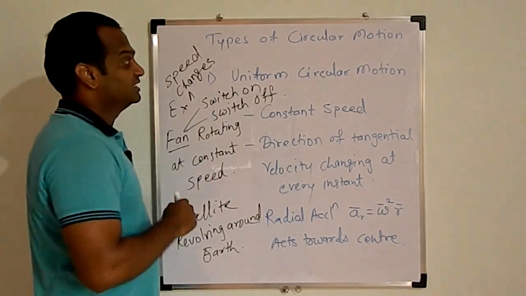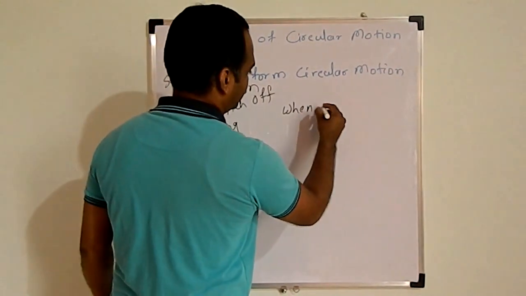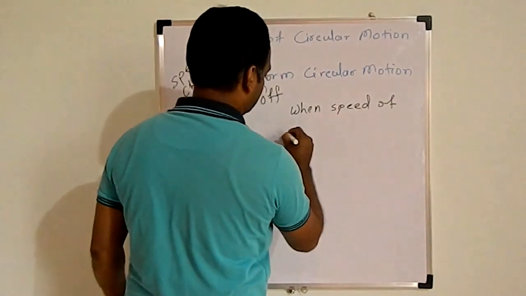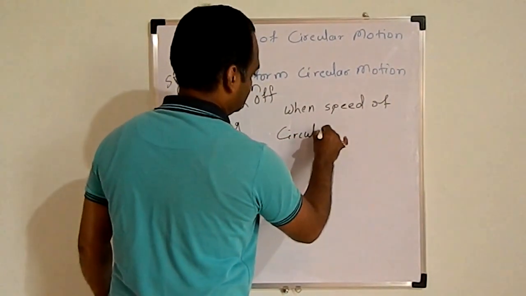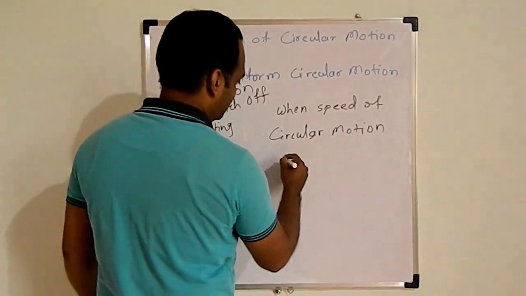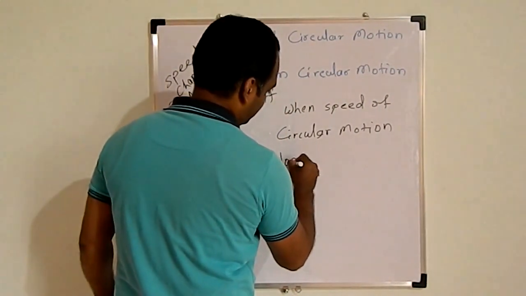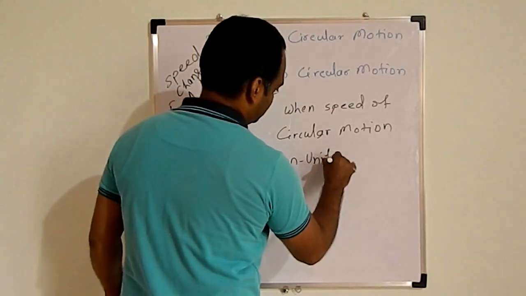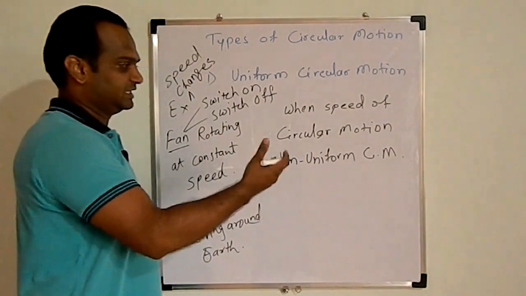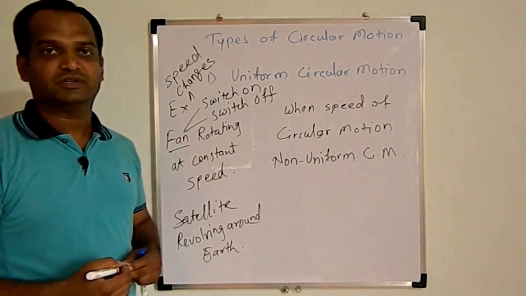The speed is changing. This changing speed motion is called non-uniform circular motion. So, next, non-uniform circular motion.